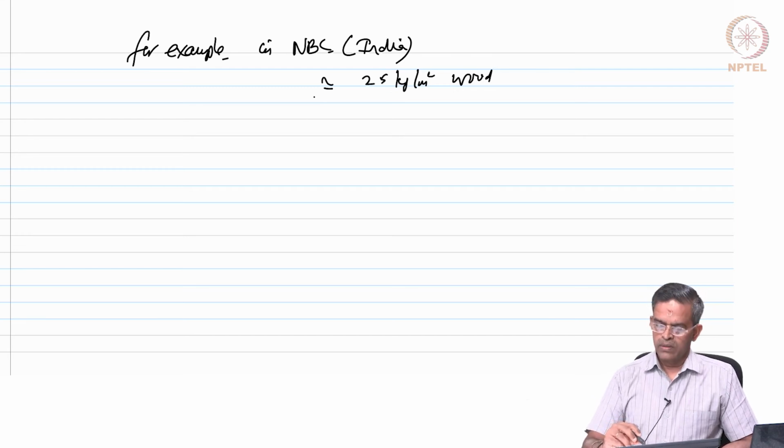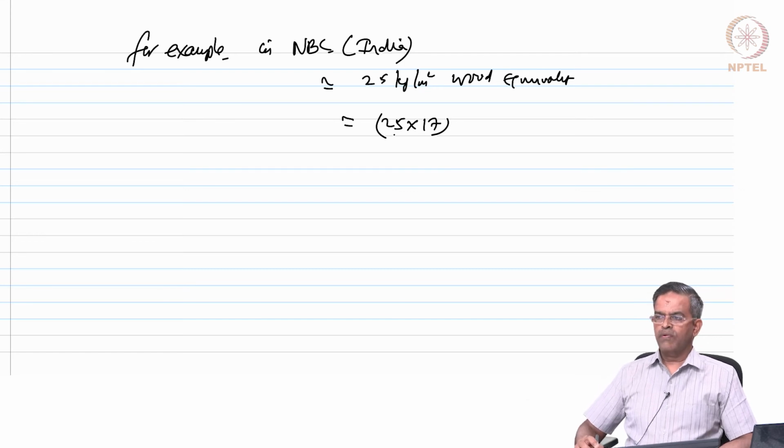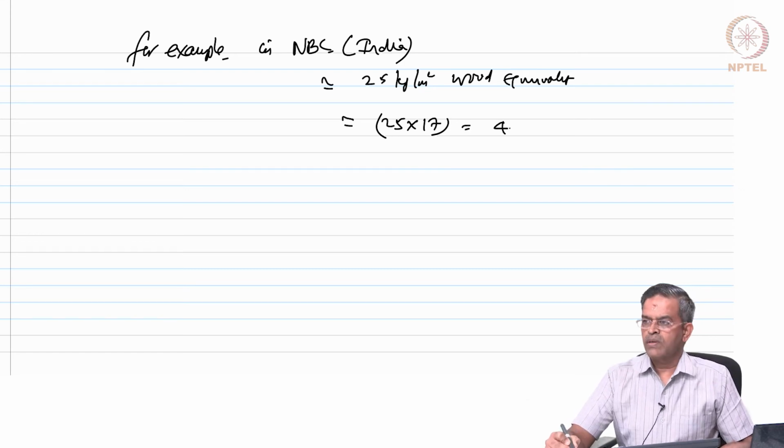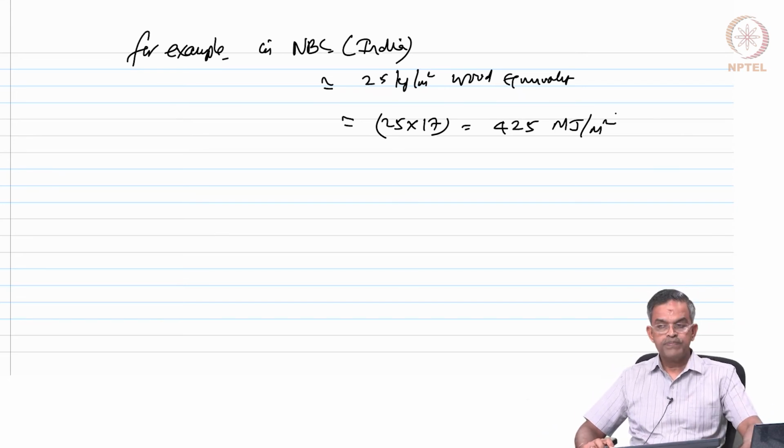Okay. So, we now say wood equivalent, which is 25 into the calorific value of wood, which is giving me 425 megajoules per square meter. Okay.